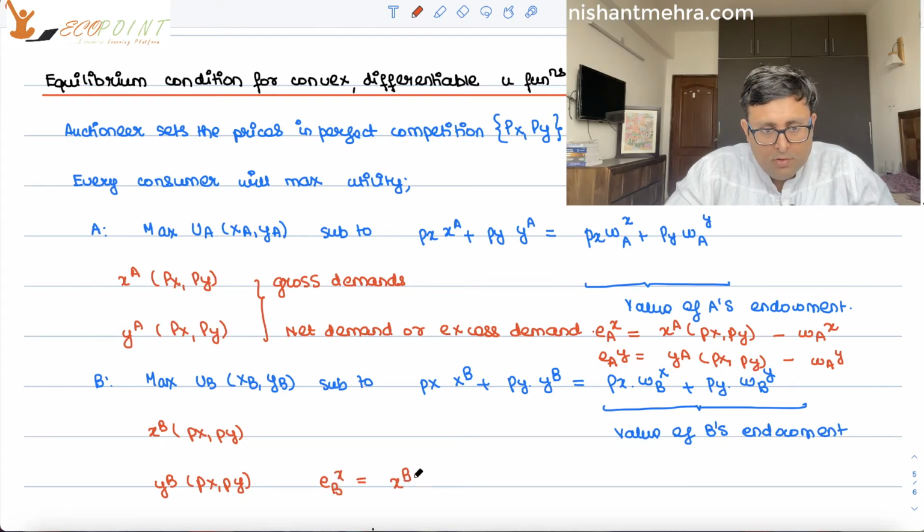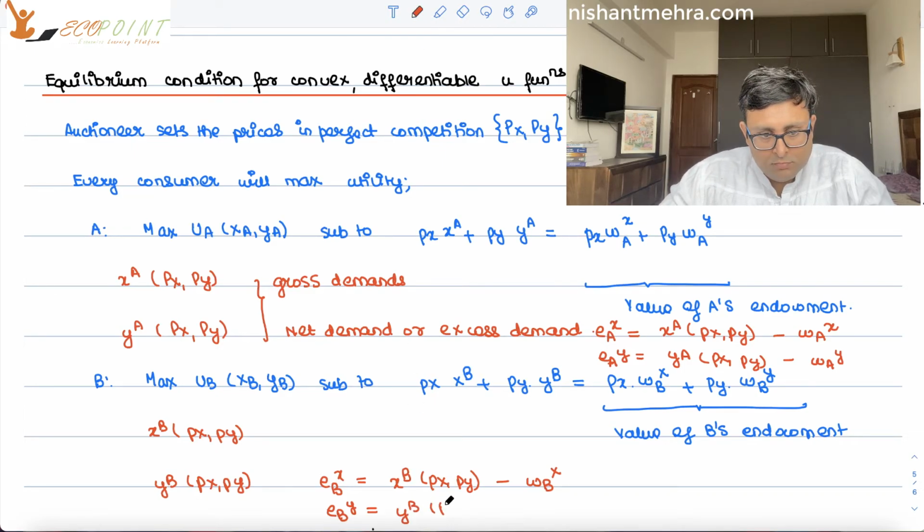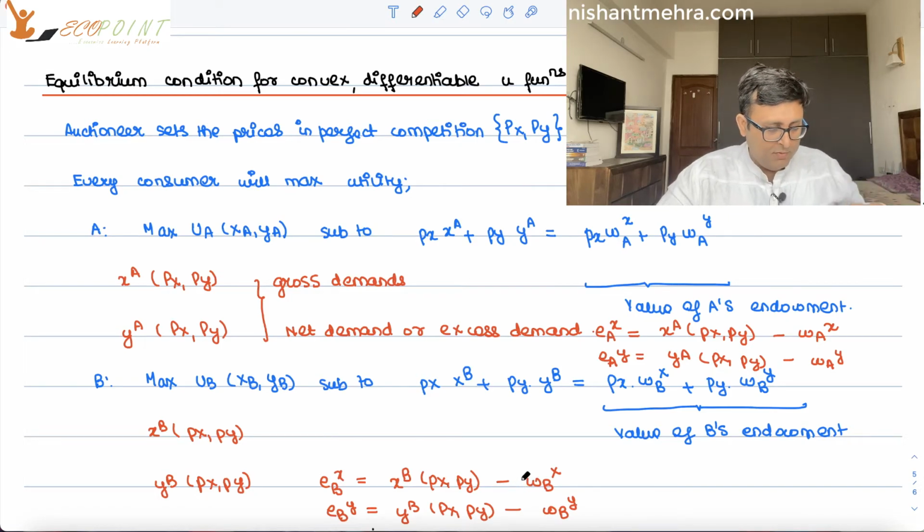EBX is your gross demand for X minus what you are endowed with of X. Similarly, your gross demand for Y would be YB, minus your endowment of Y.